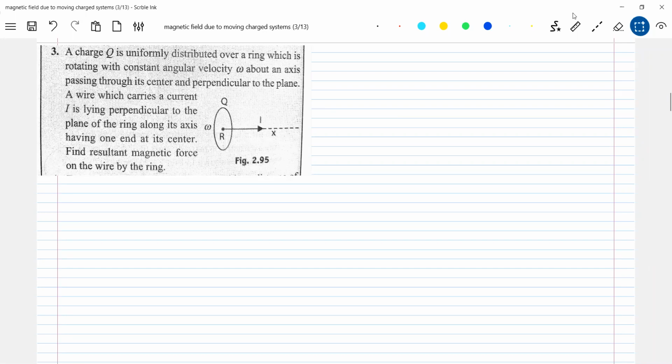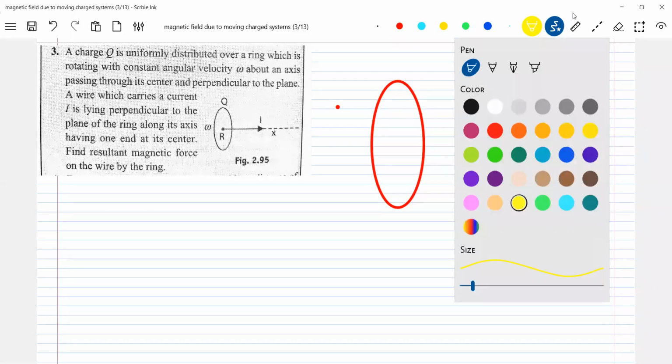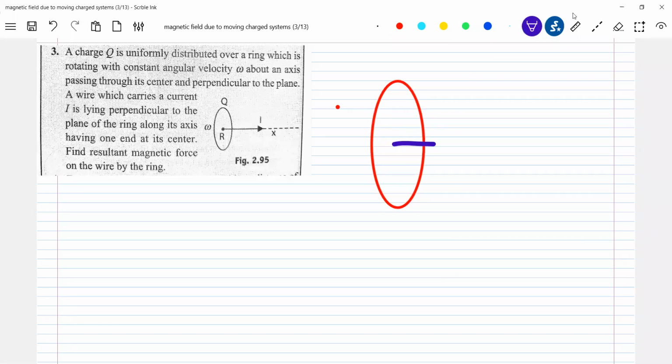There are two things here: a semi-infinite long wire and a rotating charged ring of radius r, where charge is present on the surface.